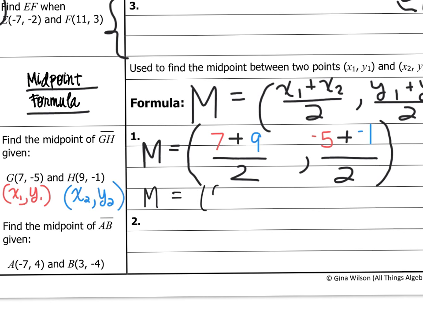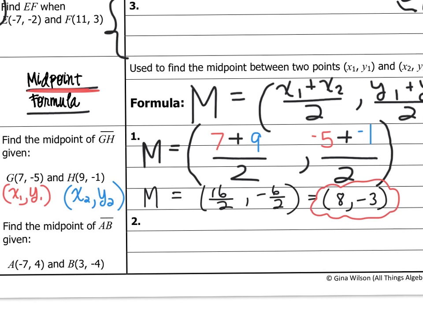M is equal to 16 divided by 2, comma, negative 6 divided by 2, which gives us our coordinate after we simplify here as 8 comma negative 3. So 8 comma negative 3 is our midpoint of points G and H.